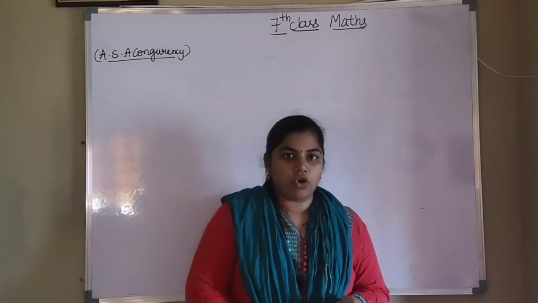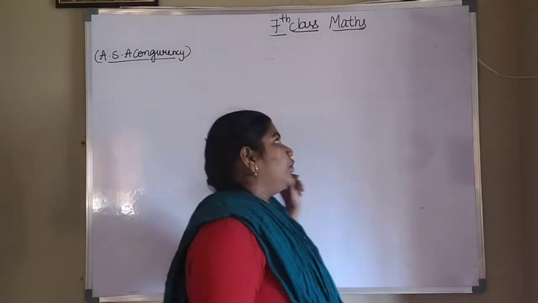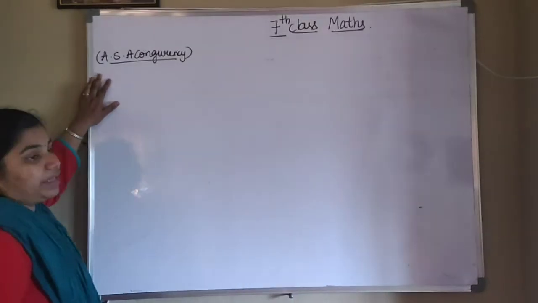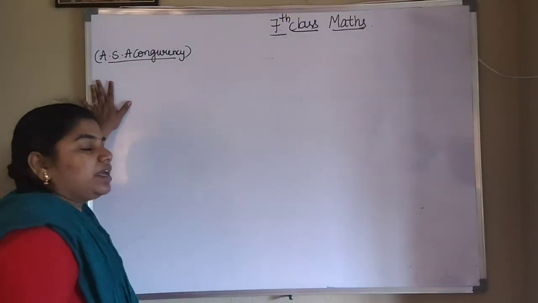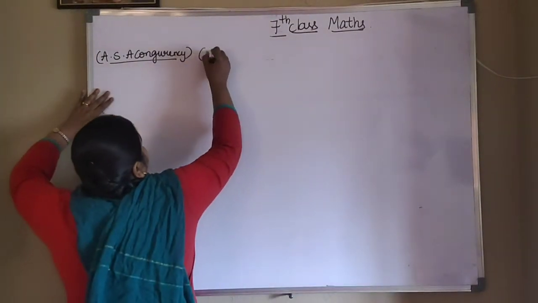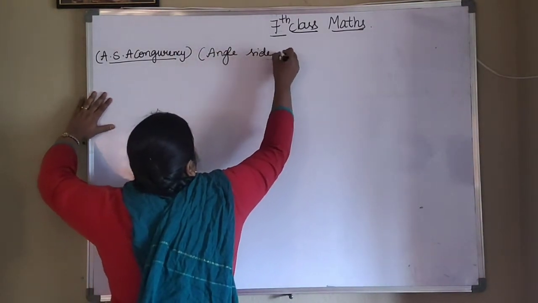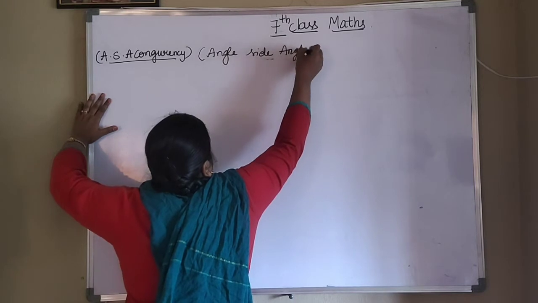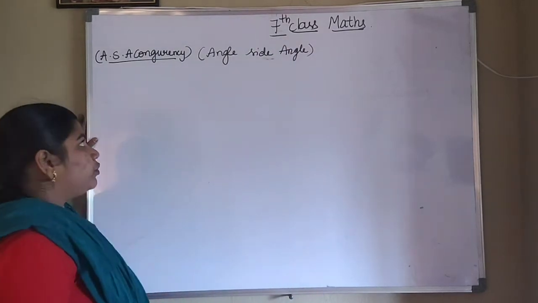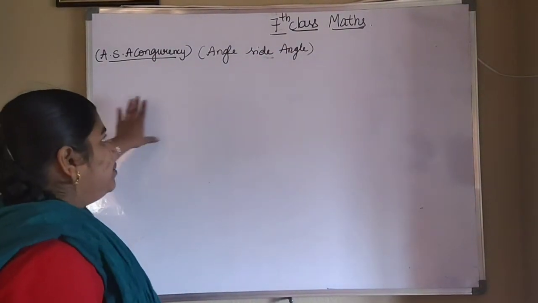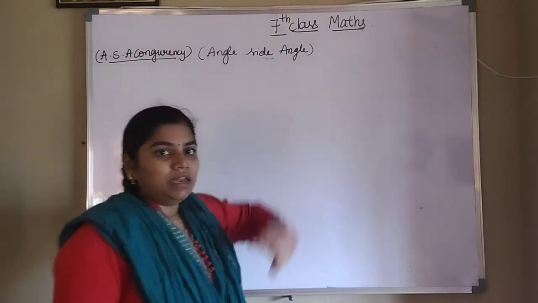In the last class we learned about side congruency, and also side angle side congruency. So today we are going to learn about ASA. What is ASA? ASA means angle side angle congruency.